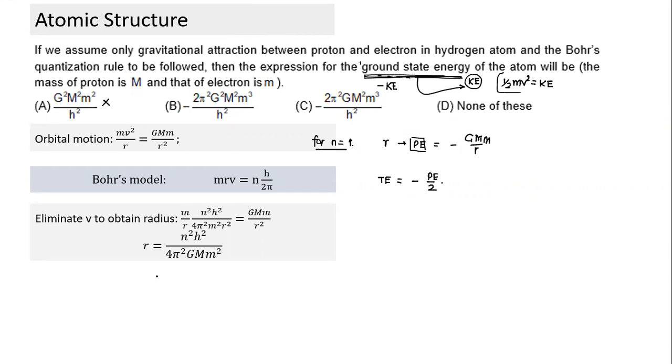Minus P by 2. So you understand both ways it can be calculated. One way is to calculate velocity by eliminating R. I can also eliminate V and obtain the radius. After obtaining the radius, it will be equal to minus 1 by 2 G M m by R. I can substitute this R value in this equation also, and you can easily get an expression.